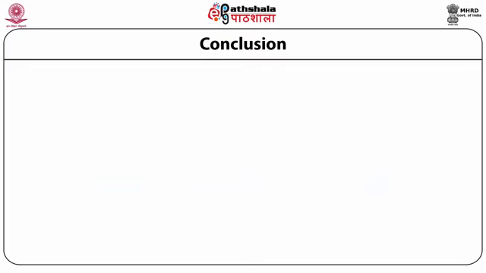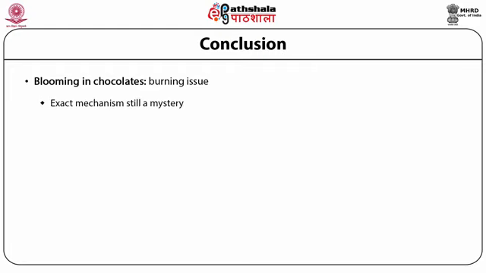So to conclude, I may say that blooming in chocolate is a burning issue. Even the big brands are finding suitable solutions to this blooming problem in chocolates, which sometimes becomes unavoidable. And the main reason is that the exact mechanism is still a mystery. There can be a number of possible reasons for blooming in chocolates. It can be because of the processing, the composition, or the storage effect.